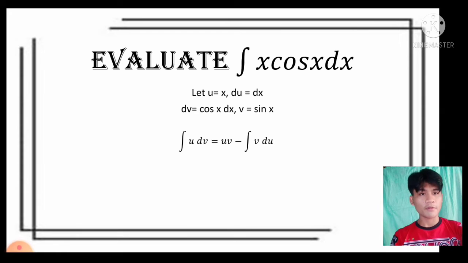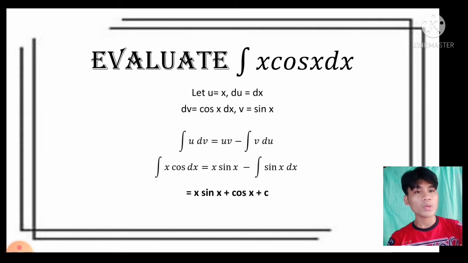Remember the given formula here: the integral of u dv is equal to uv minus the integral of v du. Just substitute the given into our formula. We come up with the integral of x cosine x dx is equal to x sine x minus the integral of sine x dx, and that would be equal to x sine x plus cosine x plus c.